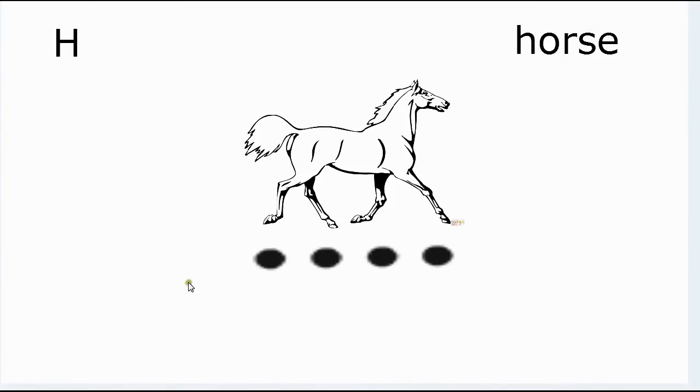H is for horse. The military one's quite good for this. They say it sounds like a running horse. But I just imagine the feet. So it's got 4 feet. Da da da da.